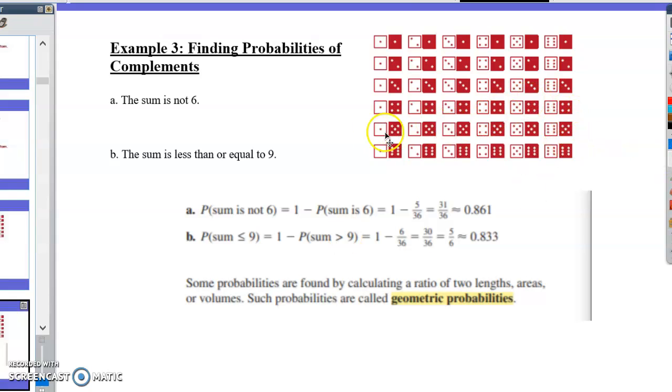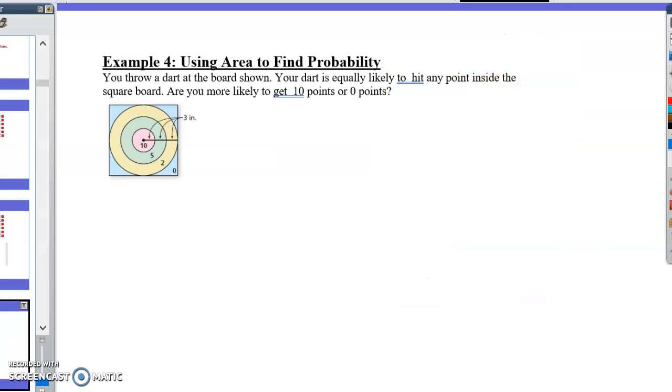So most of them down here, it's where it's going to be greater than 9, kind of in this lower L-shaped area. So there's 6 out of 36 where it will be greater than 9. I use the complement theorem, and so I have 30 out of 36 times where it is going to be less than or equal to 9. I then take a closer look at that, and that is 0.833 or 83%.